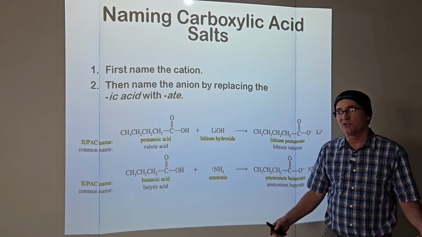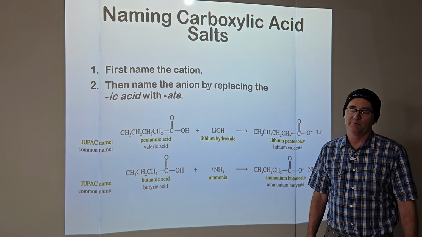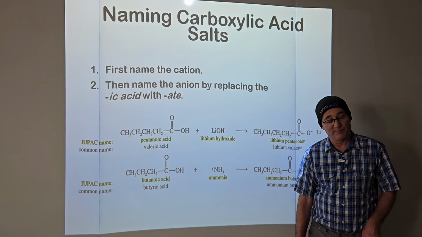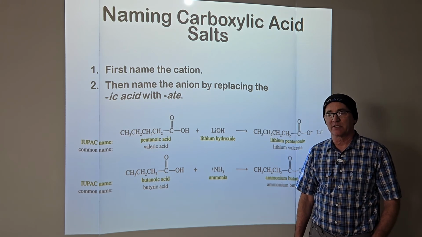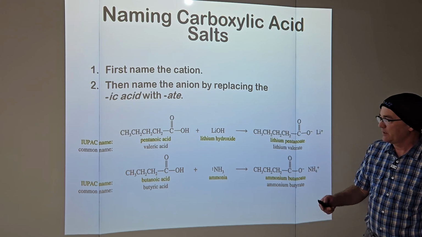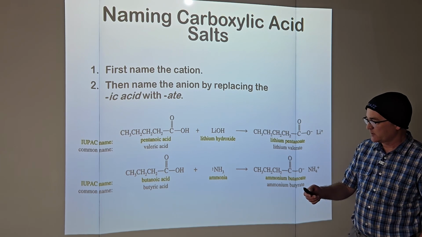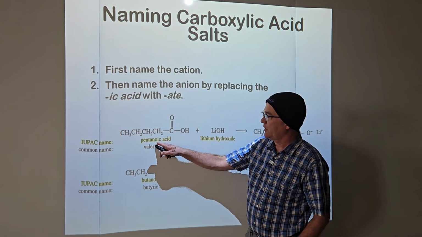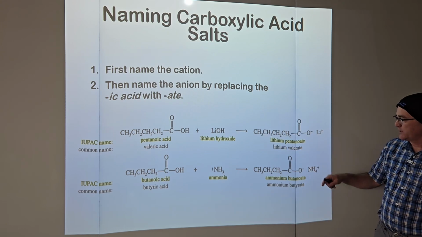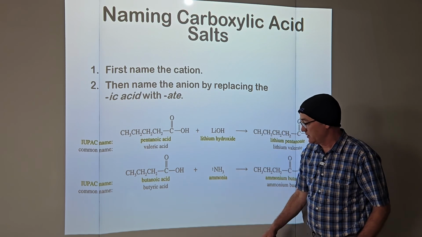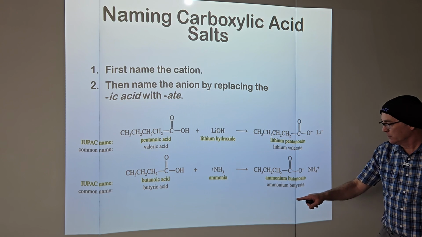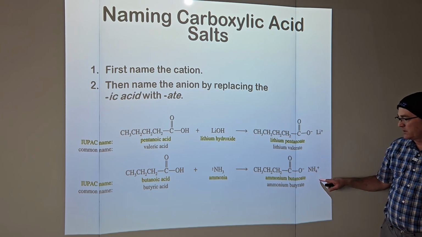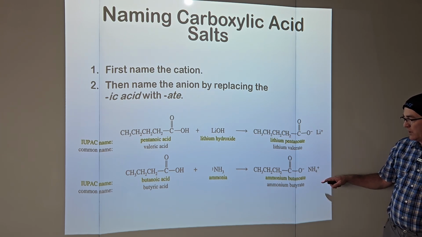If you have nitrate, it becomes nitric acid. If you have sulfate, sulfuric acid. Same type of thing here. Take off the -ic, and it becomes -ate. Here, butanoic acid and ammonia. We form the ammonium cation, so this is ammonium butanoate.